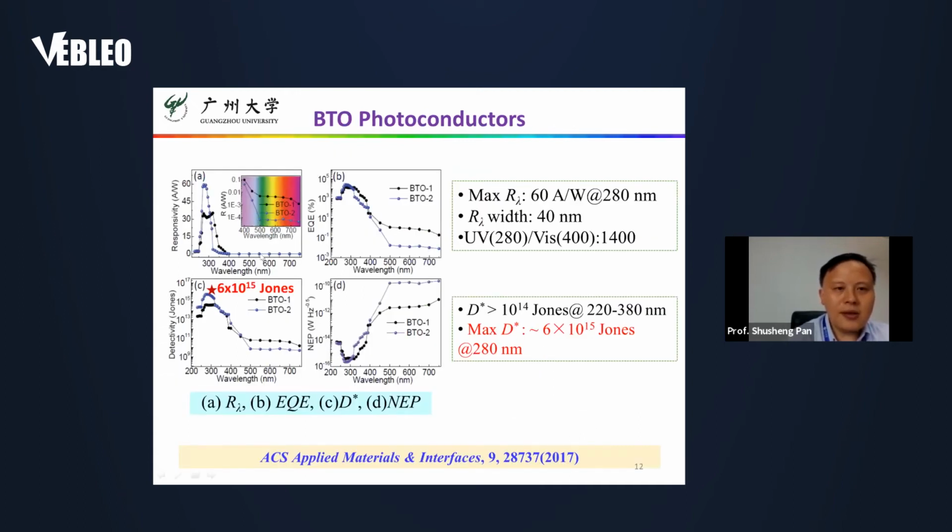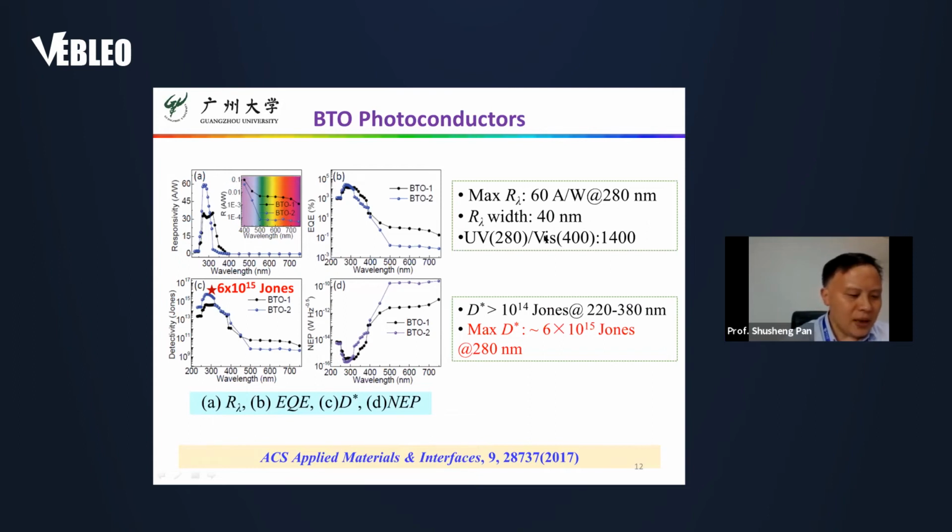This is the responsivity changed with wavelengths, and the maximum responsivity of the BTO film photodetector is about 16 ampere per watt at 280 nanometer.